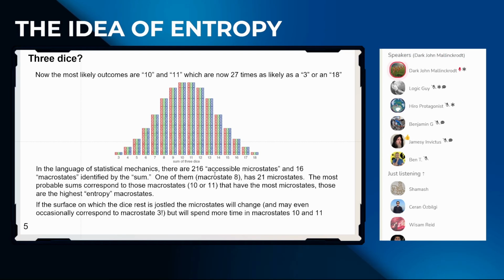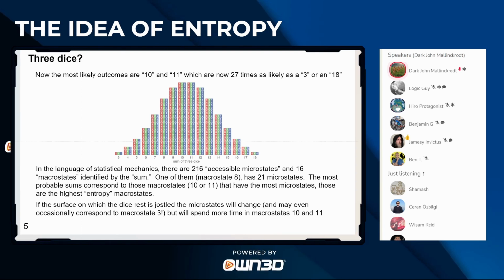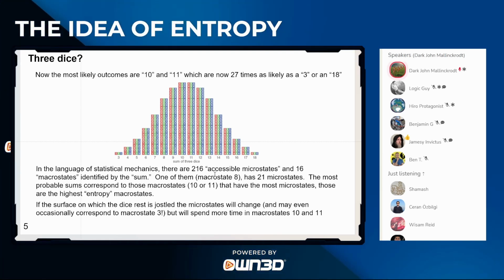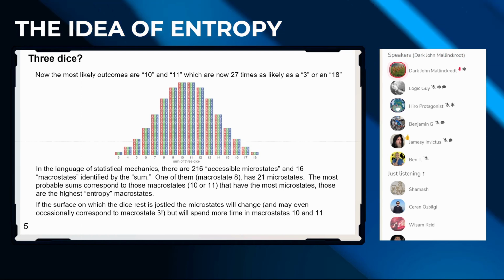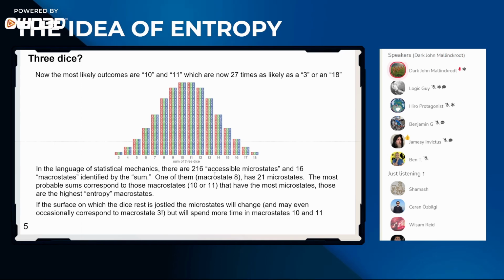If I have 3 of these dice and the surface on which they sit is jostled, the microstates will change, right? It could be in any one of them. If I jostle the surface, with equal probability the 3 dice could end up in any one of those 216 microstates, but very rarely, of course, will it end up in macrostate 3 or 18 because there's only one microstate associated with each. The dice will spend most of their time in macrostates 10 and 11.